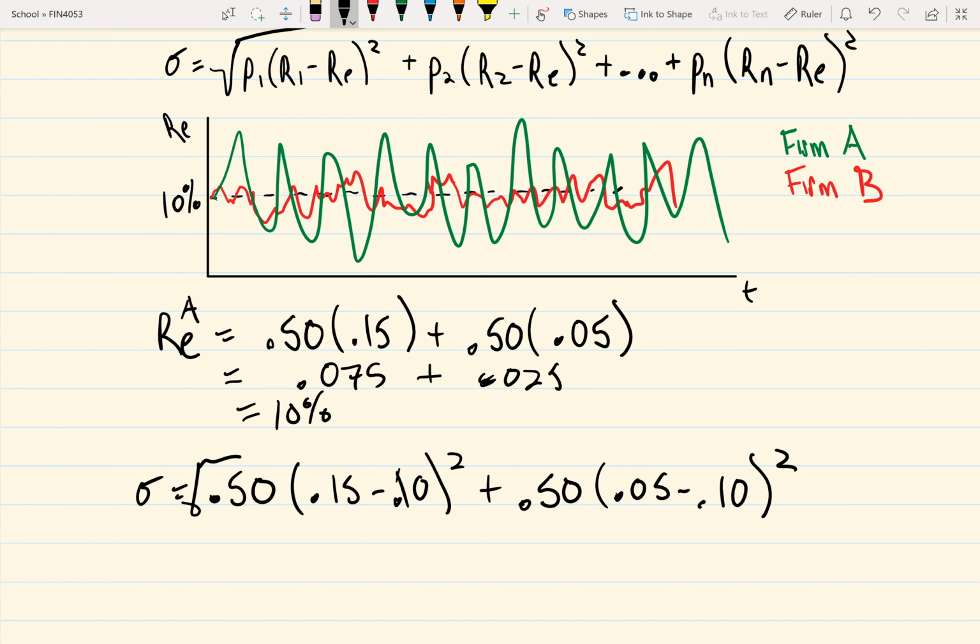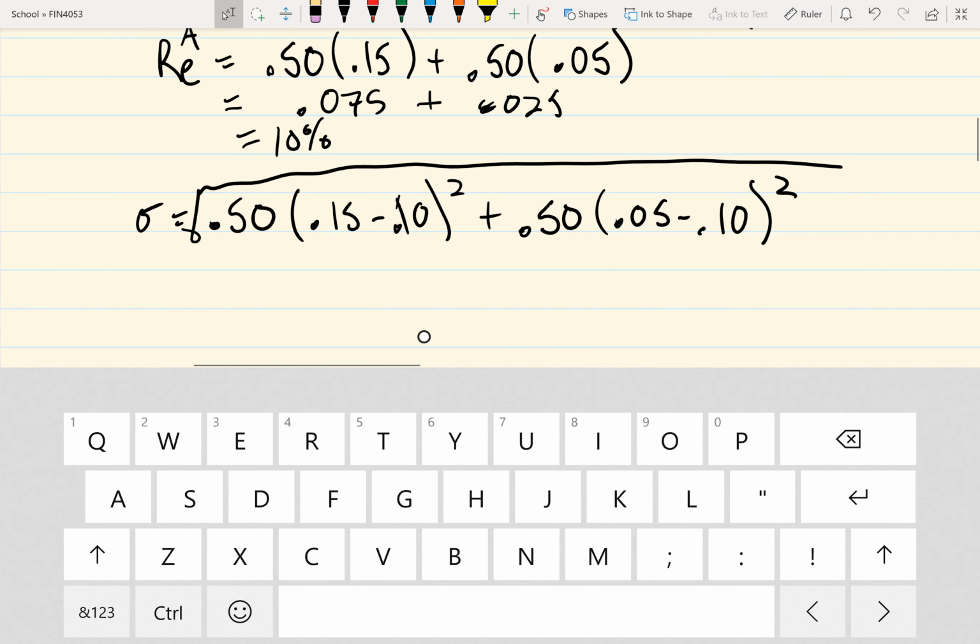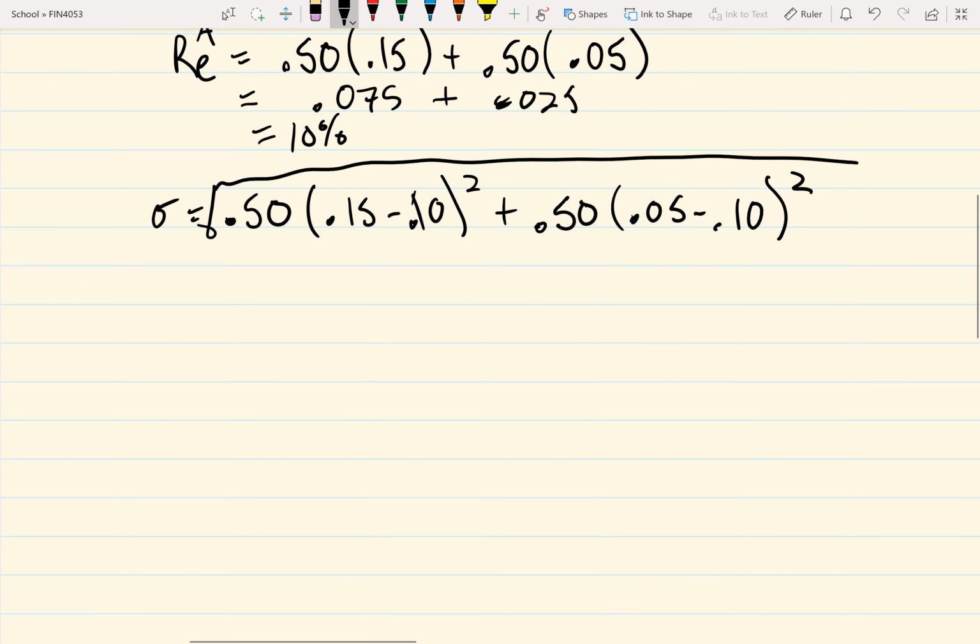And then for this whole thing, you have to take the square root. This works out to be, apologies for the messy handwriting.